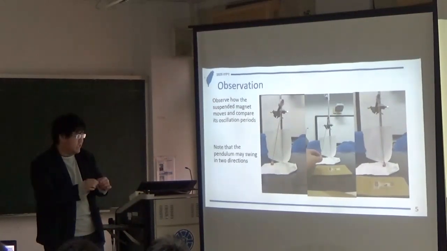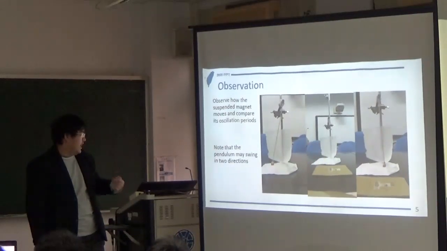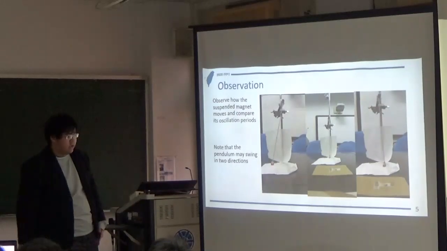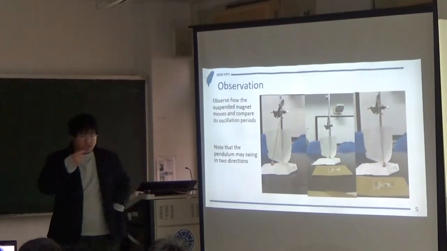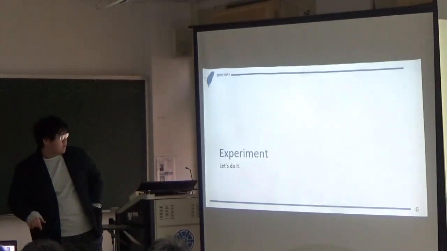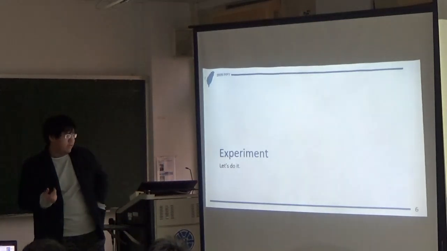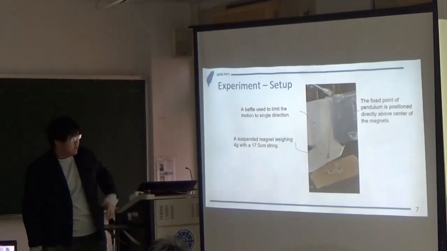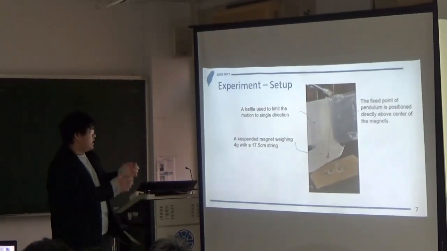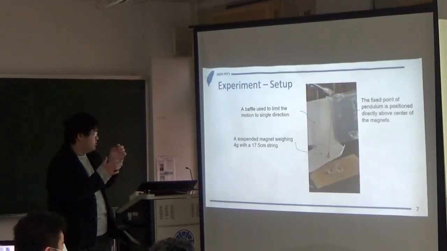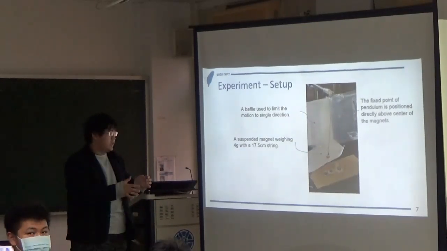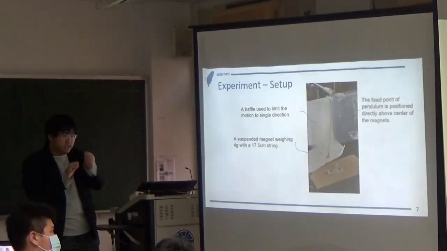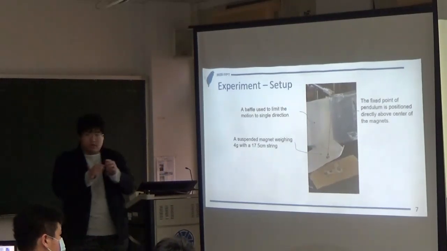The magnet on two magnets moves faster. And we know that the pendulum may swing in two directions, and we want to demonstrate the problem. Let's do the experiment. Theta is as the graph shows, and we use a baffle to limit it to one single direction, because we want to analyze the problem in two directions.